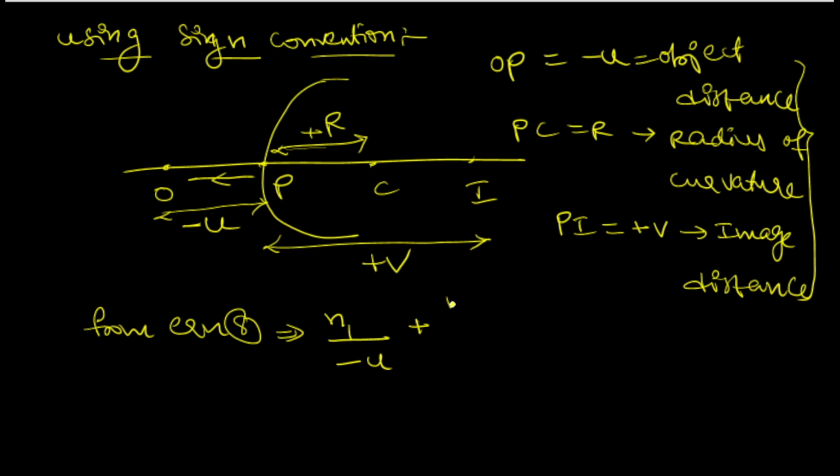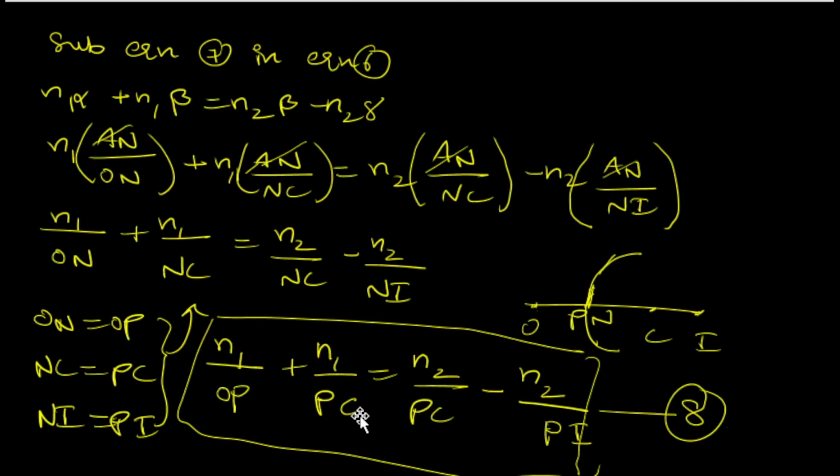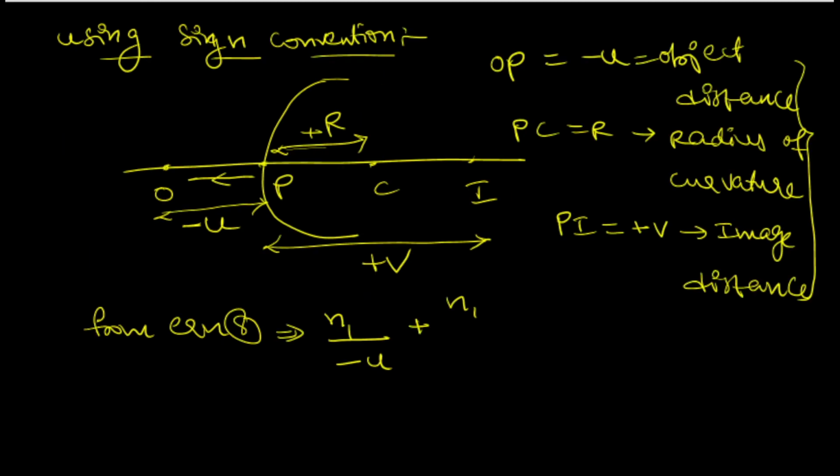Plus n1 by PC, and PC is the radius of curvature R, so n1 by R, which is equal to n2 by PC, that is n2 by R, minus n2 by PI, and PI is the image distance, which is denoted with v.